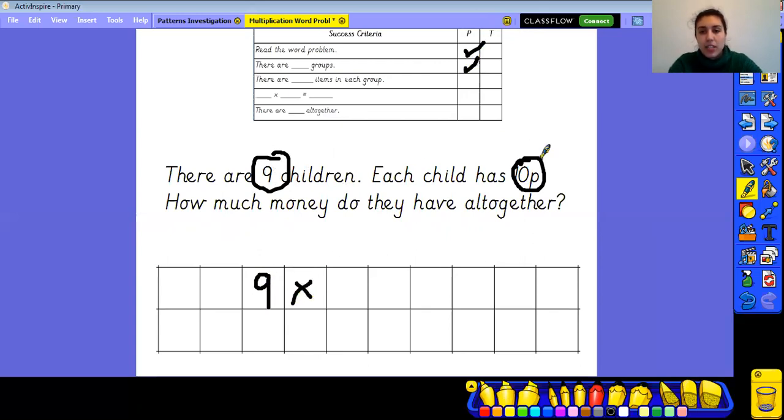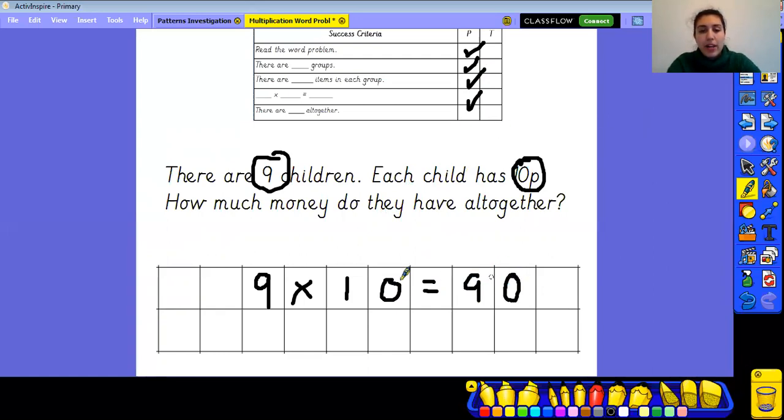How many are inside each group? Well, each child has got 10p, so it's 9 groups of 10 equals. So now I've written it as an equation. So altogether, I've got my 9 groups and I count 10, 20, 30, 40, 50, 60, 70, 80, 90.